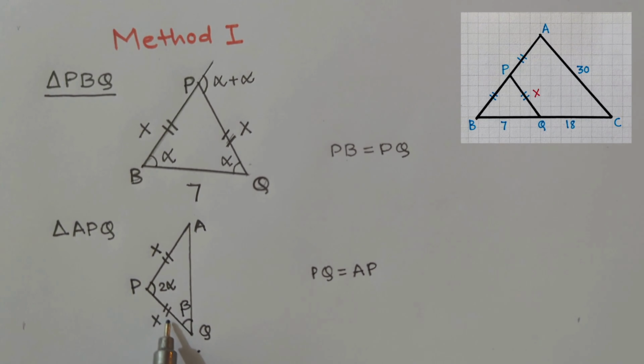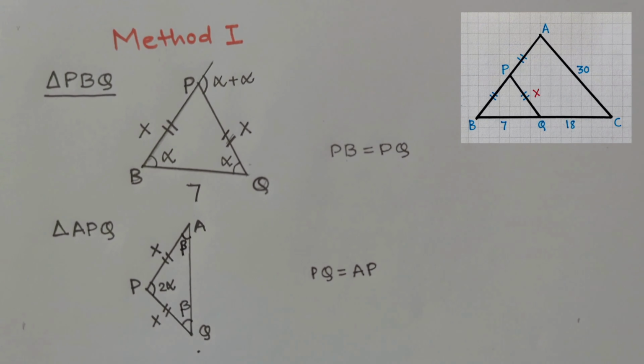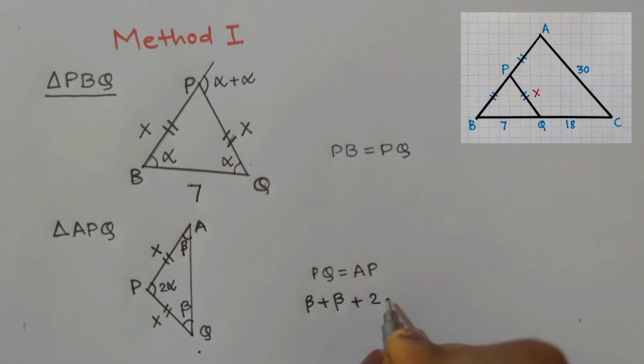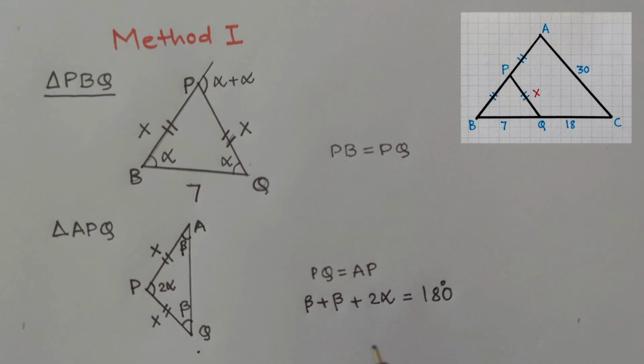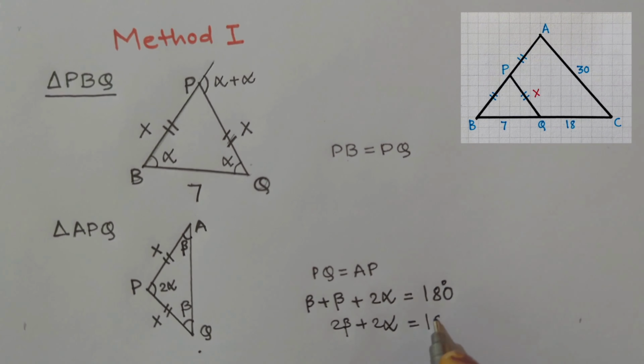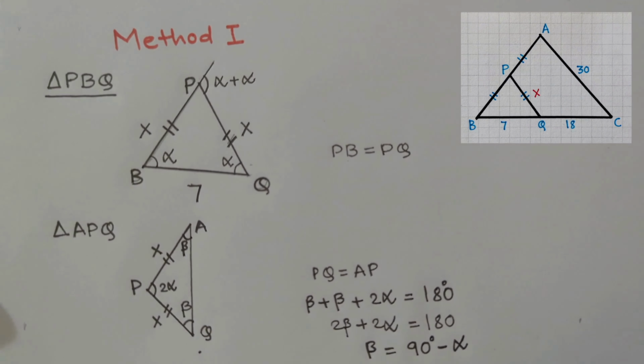Based on these equivalent values, this angle would also be beta. The summation of all these three angles should be 180 degrees. That is beta plus beta plus 2 alpha equals 180 degrees. Now 2 beta plus 2 alpha is equal to 180. Therefore beta would be 90 degrees minus alpha.